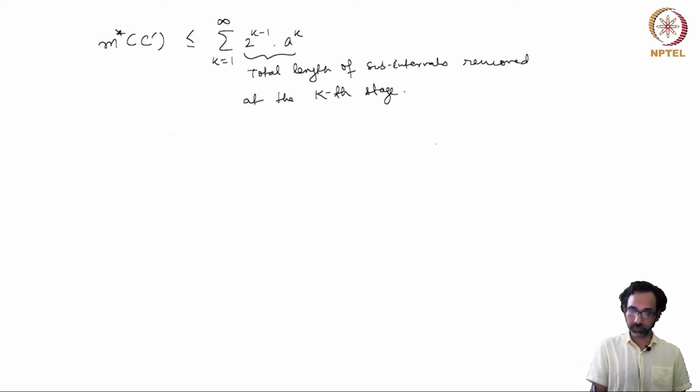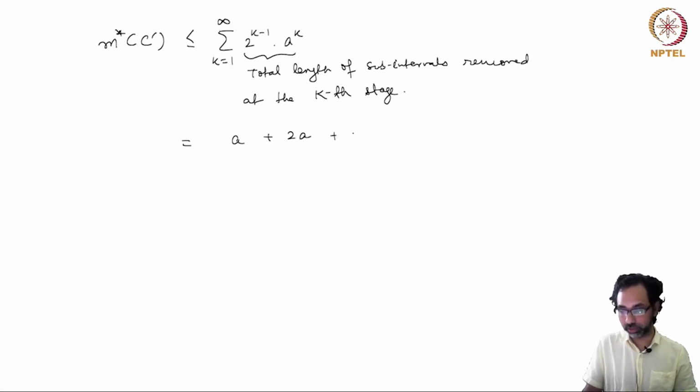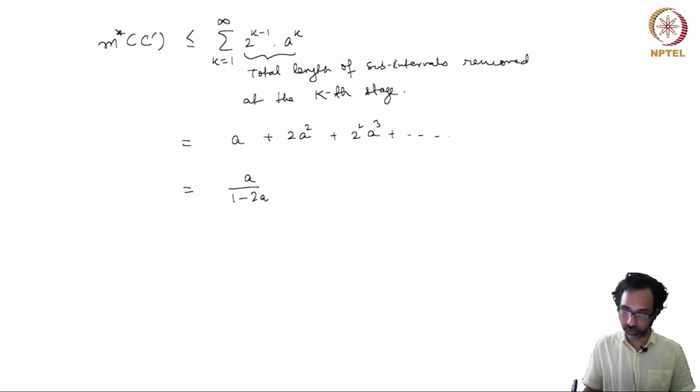So we can immediately sum it up. The first term is a, then the second term is 2a squared, the third term is 2 squared a cubed, and so on. If we compute the sum, we will get a over 1 minus 2a.